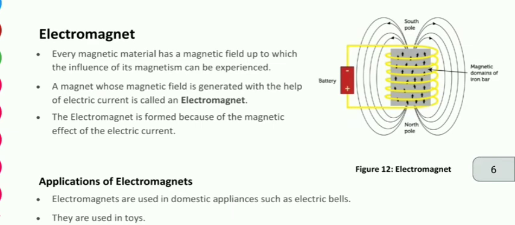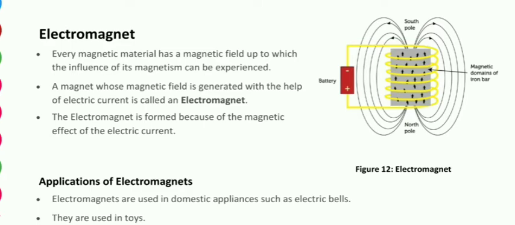Come to electromagnet. So an electromagnet is the magnet that is produced because of the magnetic effect of electric current. Look, every magnetic material has a magnetic field up to which the influence of its magnetism can be experienced.